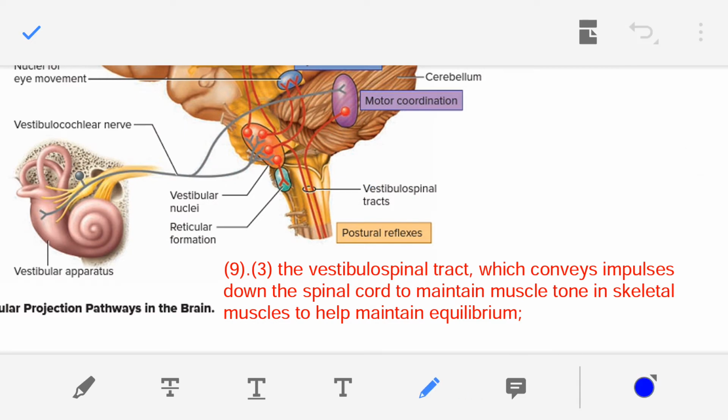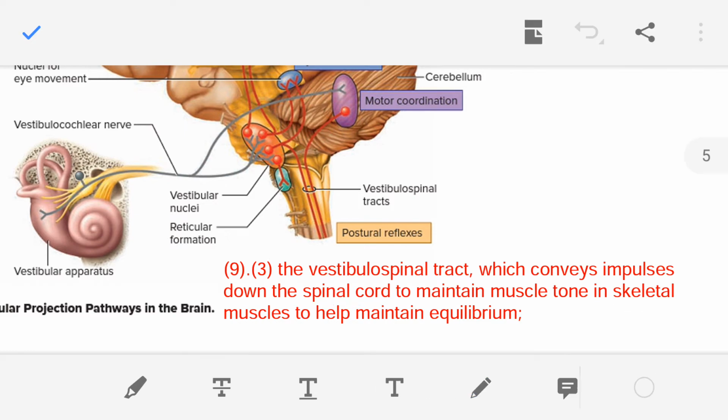The nerves arising from the spinal cord innervate the skeletal muscles of our limbs, our hands and legs.